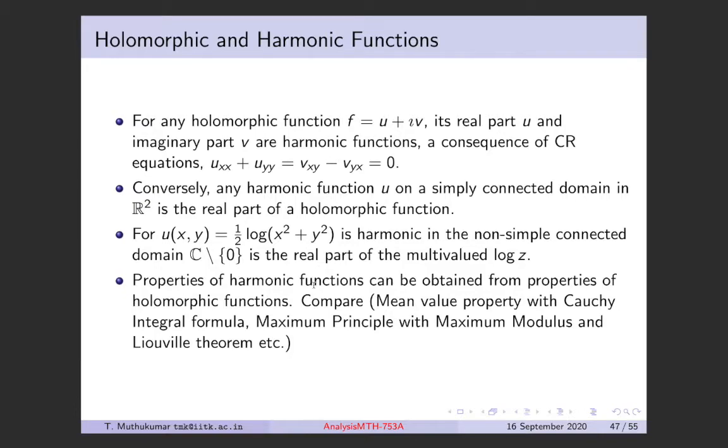It's just that they are said in different languages and different subjects. When you do this in the harmonic setup, you don't just do it in 2 dimensions. You do it in higher dimensions, like this mean value property or maximum principle, which are valid in higher dimensions, not just n equal to 2. Whereas for holomorphic functions, you do these things in 2 dimensions.